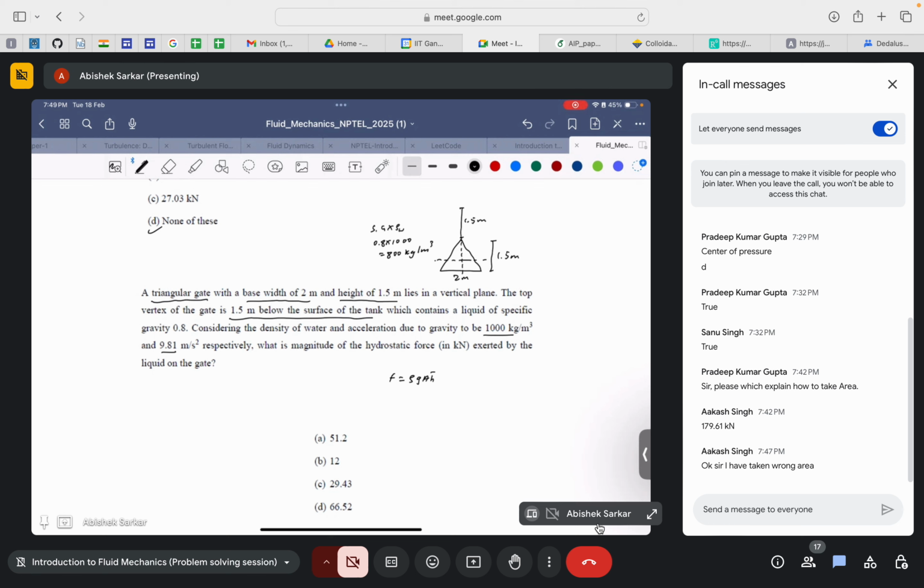What's the expression for the center of gravity of a right angle triangle? Because once you know the center of gravity of the right angle triangle from its base or from its vertex, you can find h bar, and all the other parameters are given to you. So just do that and let me know.